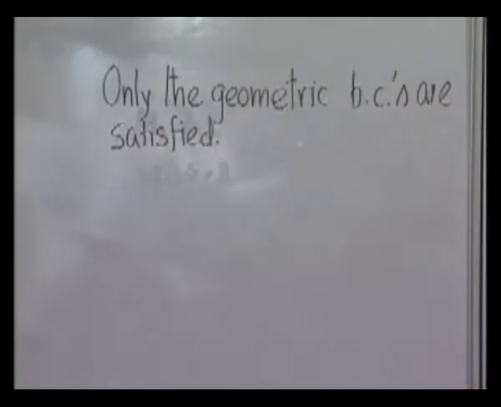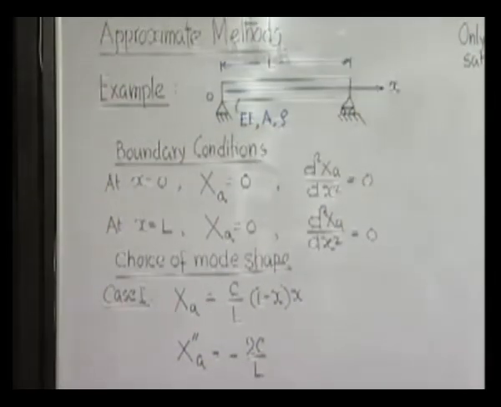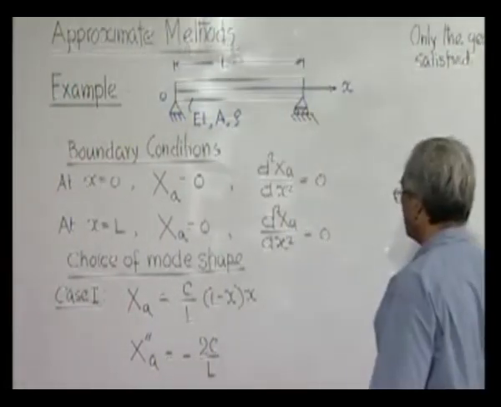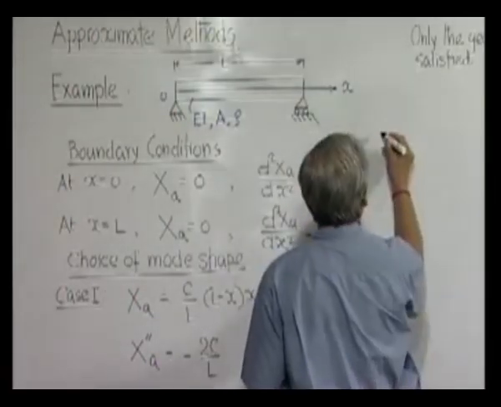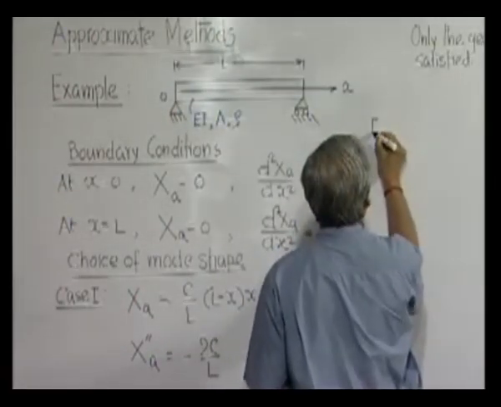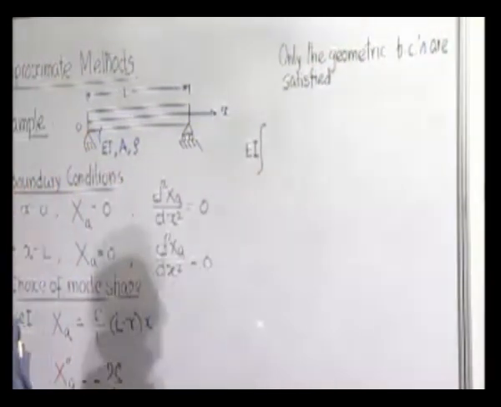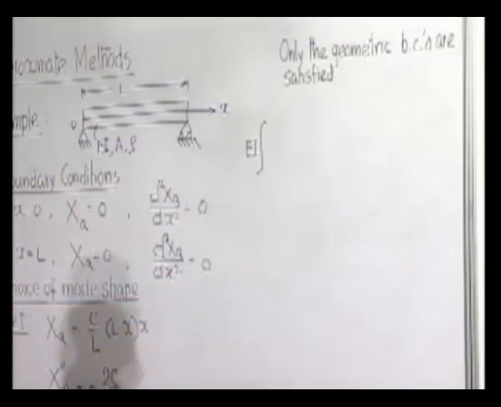Now once you have assumed X and found the expression for X double prime, the only thing we have to do is to substitute X in this expression and get the value of omega square. So to do that, what we find is that EI is constant, but in reality, if it is not constant and is a function of x, we can keep it inside the integral.